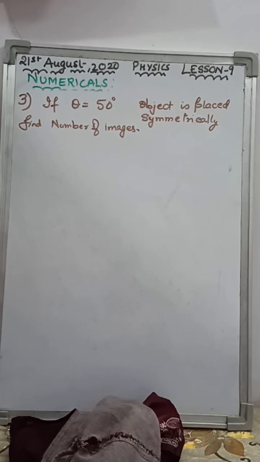Now the third type of numerical. In this numerical, suppose the angle is given such that the answer is not coming in a whole number, then you have to round off to the nearest whole number. So we'll take this question. If the angle theta is given as 50 degree and we have to find the number of images when the object is placed symmetrically.